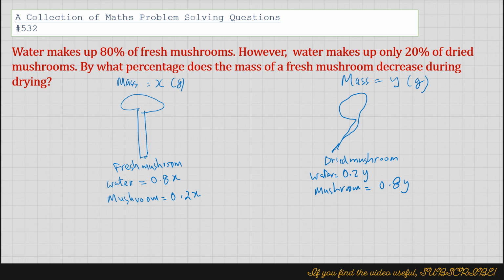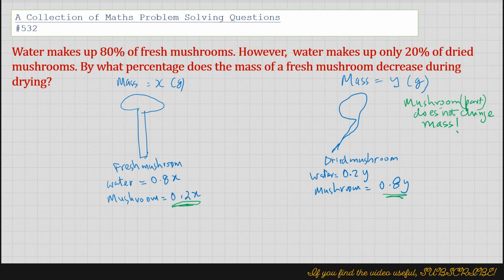Okay, y minus 0.2y is 0.8y. So now you see what happens is, the mushroom part is actually the same mass. The mushroom part does not change, the mass stays the same.